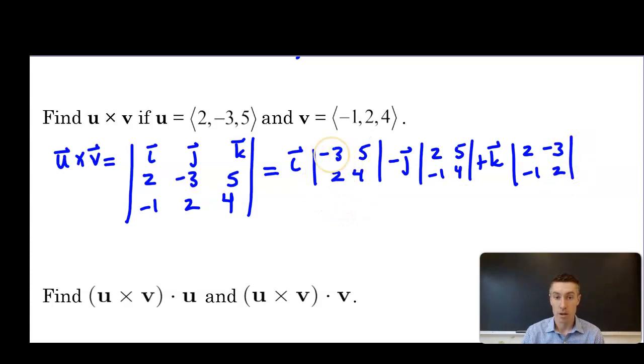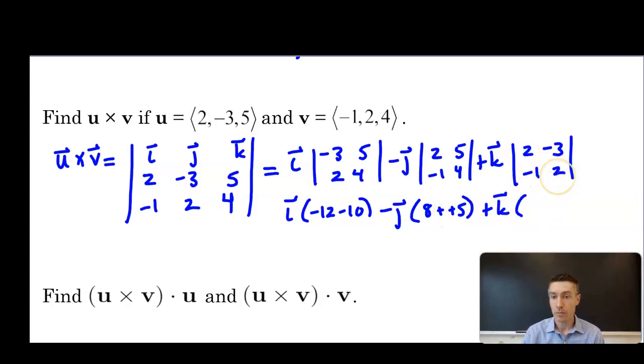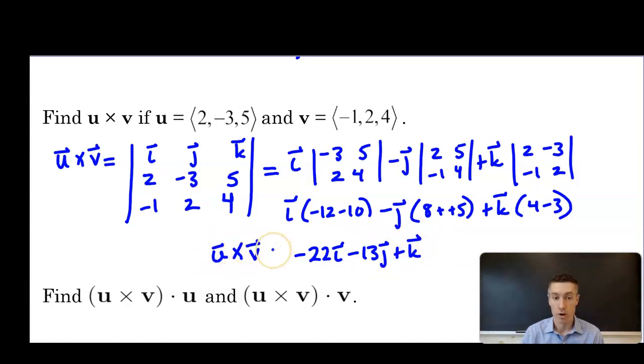So we find the determinant: i times negative 12 minus 10, minus j times 8 minus negative 5, so plus, and then plus k times 4 minus 3. So we get negative 22i minus 13j plus k as our cross product vector u cross v.